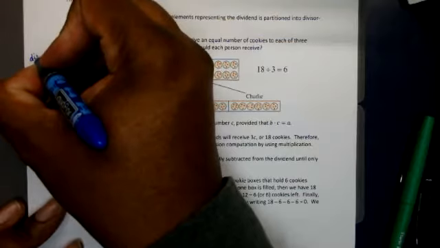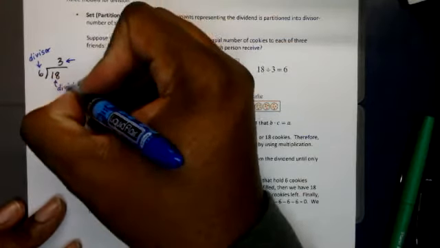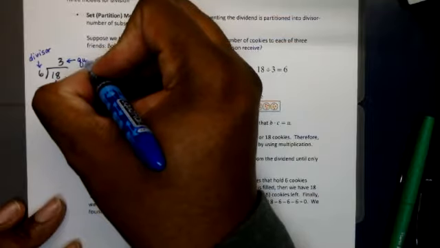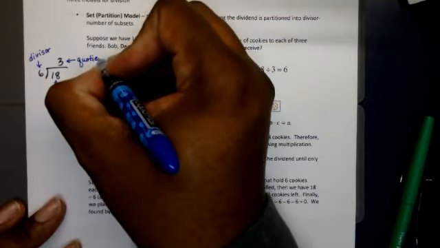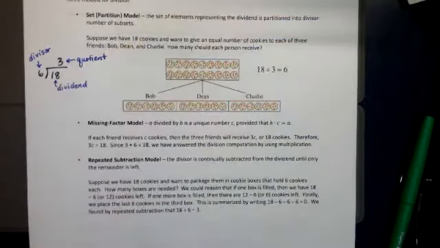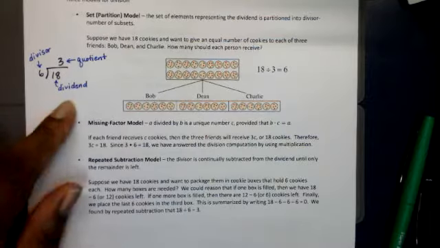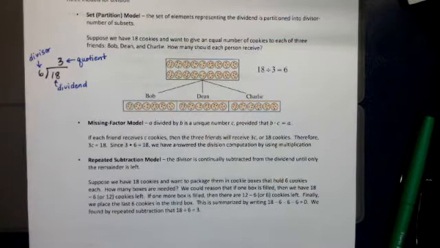What we're dividing by, which is 6, is your divisor. And the answer that we get after the division is called the quotient. So it's the dividend divided by the divisor gives you the quotient.